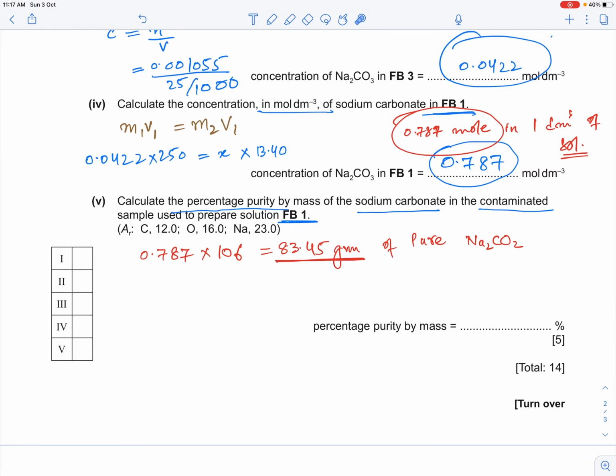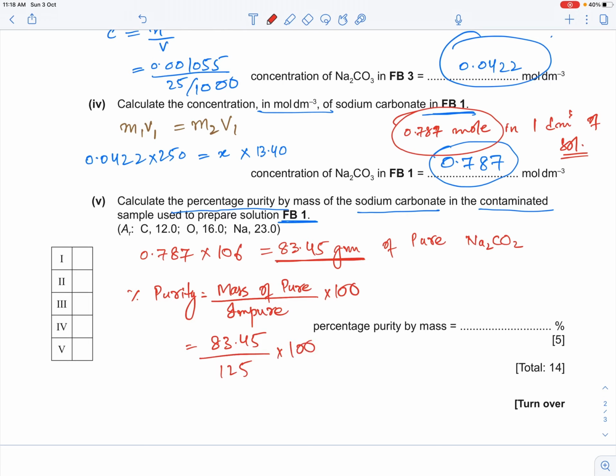Percentage purity is equal to the mass of pure substance divided by the mass of impure substance, multiplied by 100. So 83.45 divided by 125 multiplied by 100 is 66.76%. This is the percentage purity by mass of sodium carbonate.